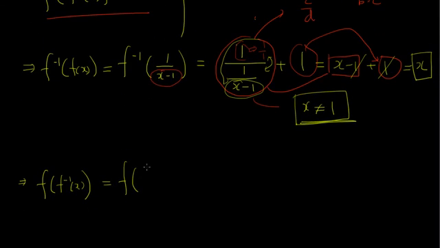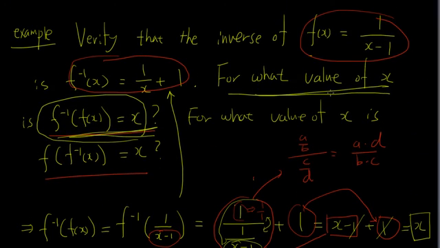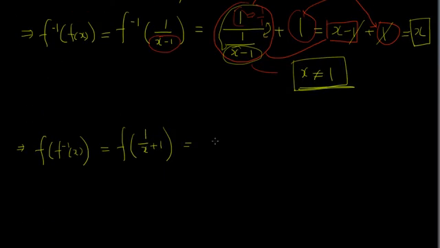So it would be 1 over x plus 1, like this. What's our f of x? Our f of x is this, 1 over x minus 1. So instead of writing x for f of x, we rewrite f of x here. F of x was 1 over x minus 1.